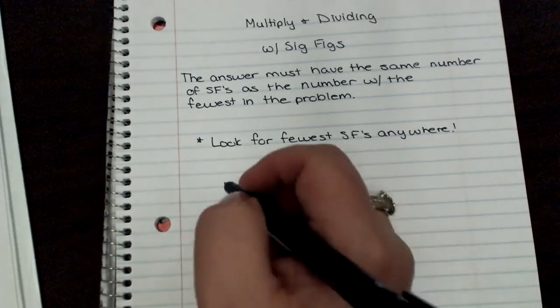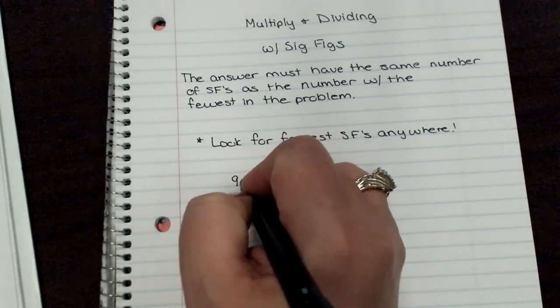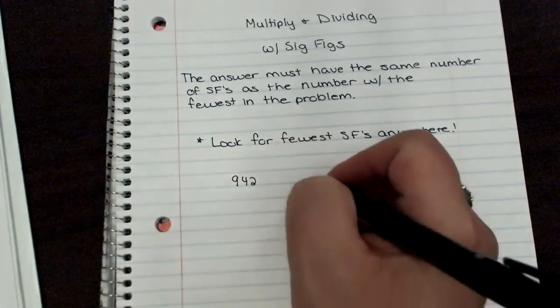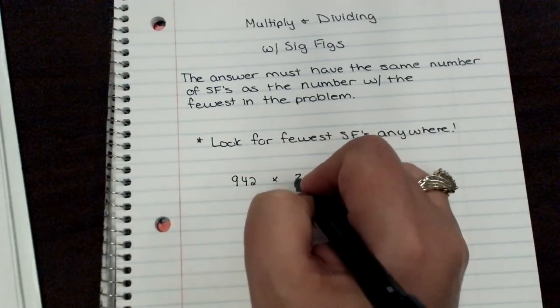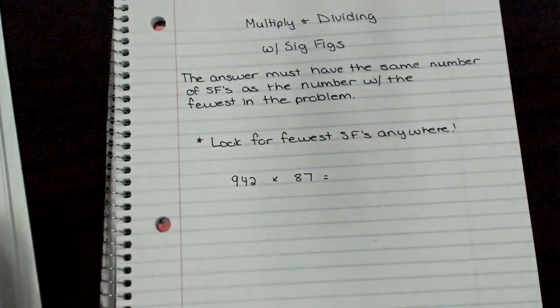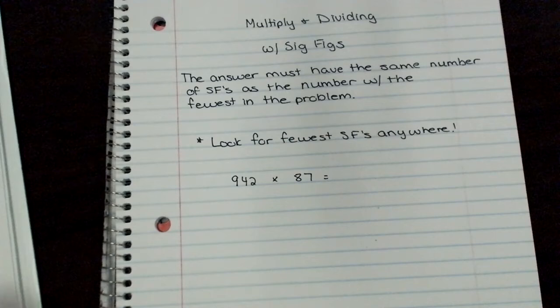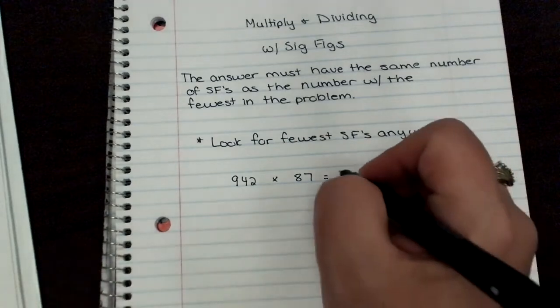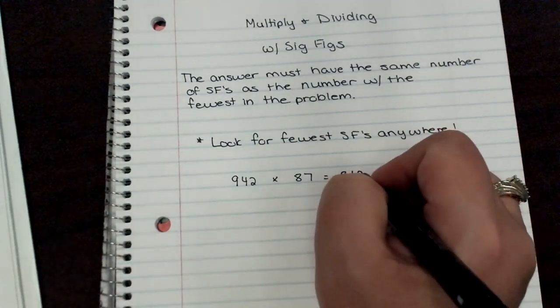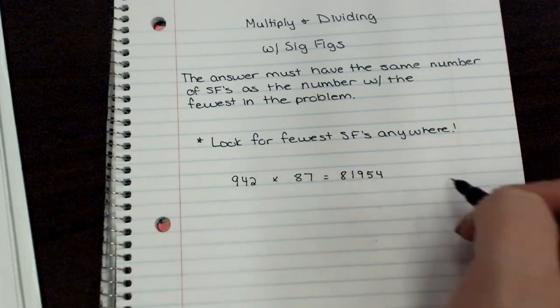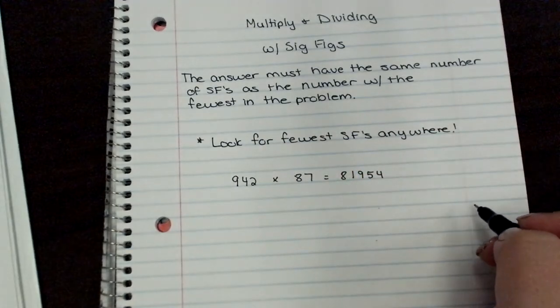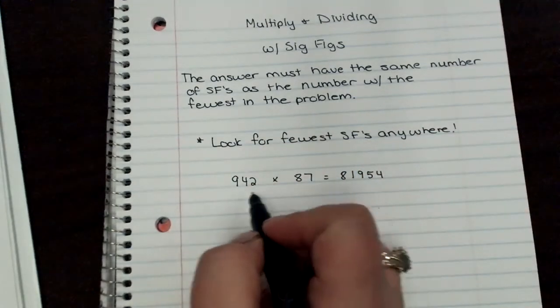So let's look at this one. Let's say that I have 942 and I want to multiply it by 87. So 942 times 87, and that's going to give me 81954. Okay. So now I need to go look at my numbers in the problem.